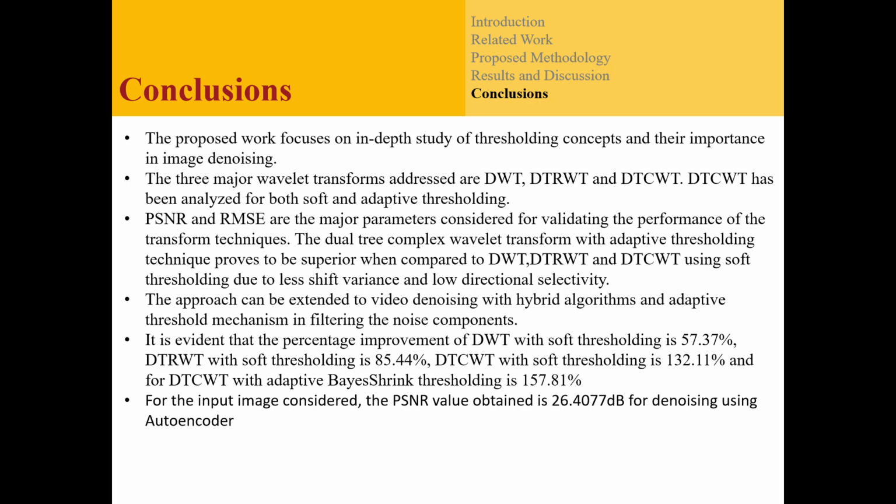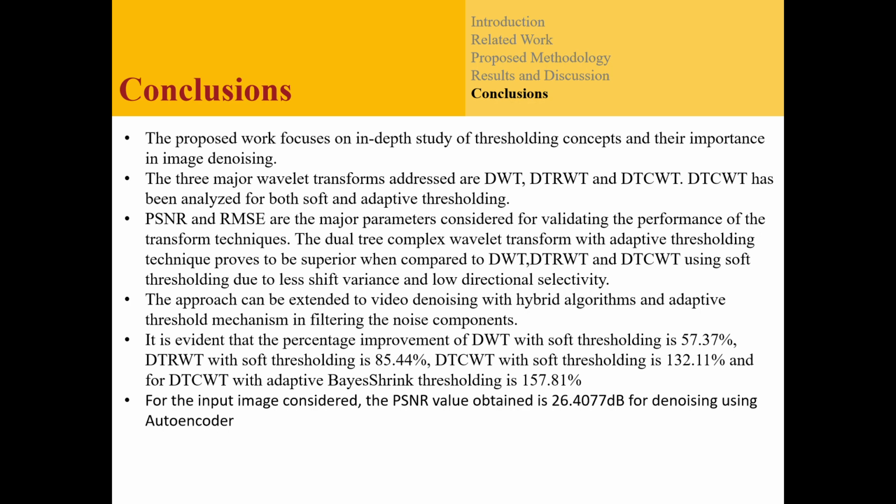So we have only done up to image denoising. This approach can also be extended to video denoising with hybrid algorithms and an adaptive thresholding mechanism in filtering the noise components.